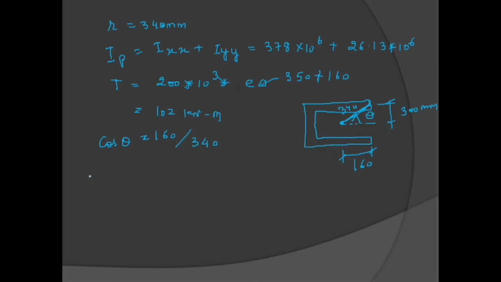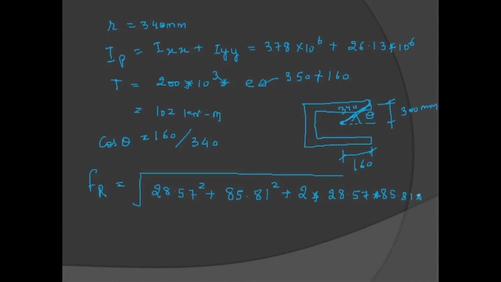Now the resultant stress, F resultant, will be equal to the whole under root of F1, that was 28.57, plus 85.81, plus 2 times 28.57 times 85.81 into cos theta, and cos theta is equal to 16 by 34, 16 divided by 34, whole under root.